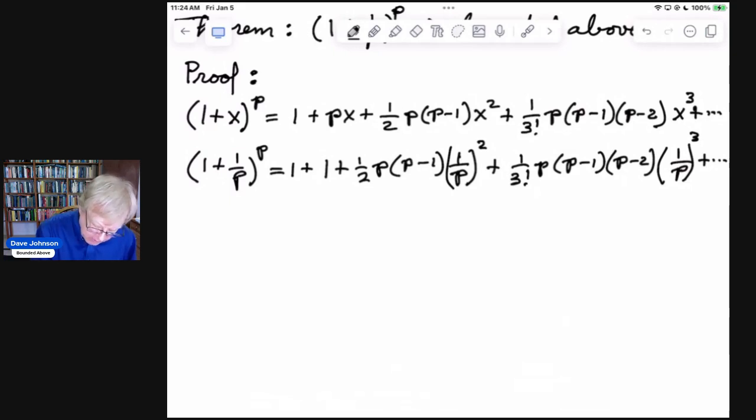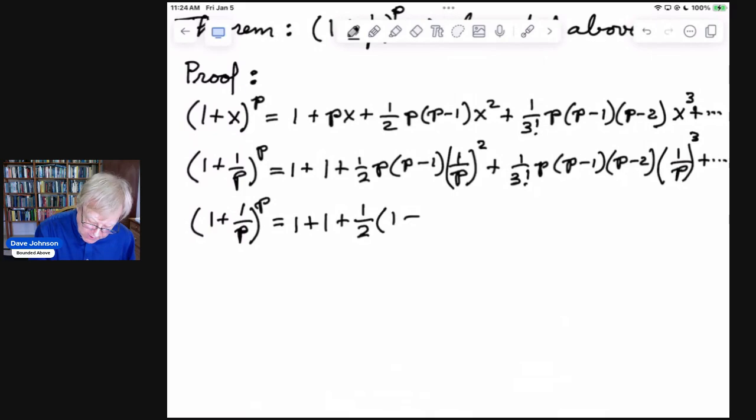Let me simplify, so we get 1 plus 1 over p raised to the p is equal to 1 plus 1 plus 1/2. Now p divided by p is 1, but then we get 1 minus 1 over p, plus 1 over 3 factorial.